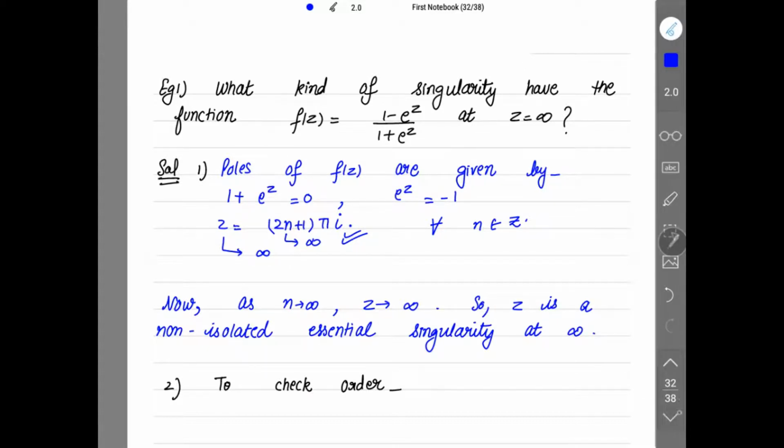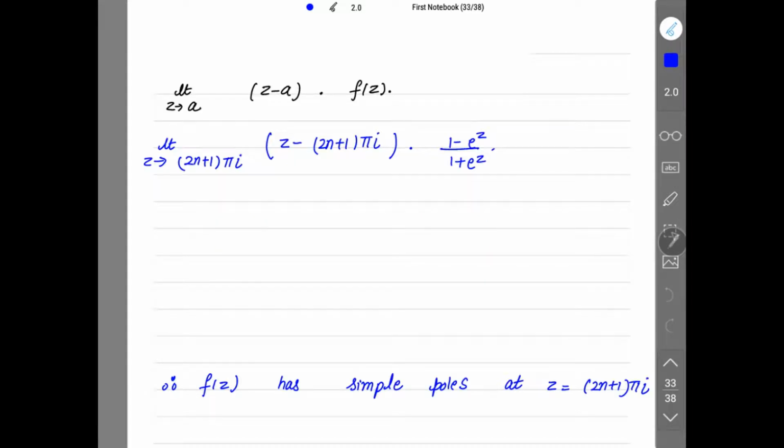Now to check the order, this is the formula for checking the order. This limit should not equal 0 or infinity. Now here my point a is what? (2n plus 1)πi, right? So limit z tends to a, that is (2n plus 1)πi, of (z minus a) times f(z), that is (1 minus e^z) over (1 plus e^z).